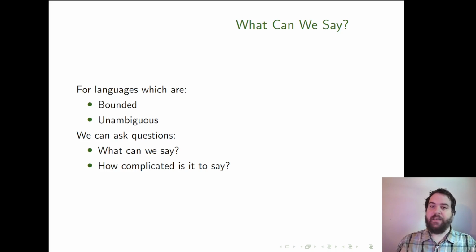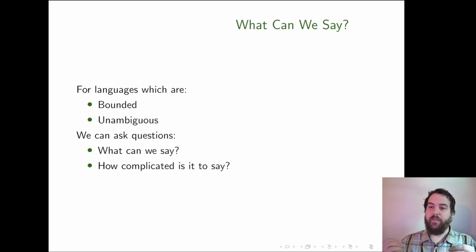And we can also ask questions about how complicated it is to say these things, to write a program to do a particular task in this particular programming language. And analogously, mathematics, well, mathematics is unambiguous, but it isn't bounded. People are constantly adding to the mathematical lexicon every day.